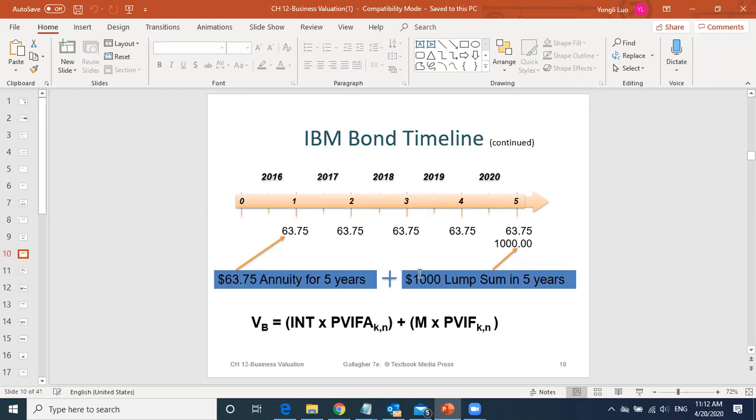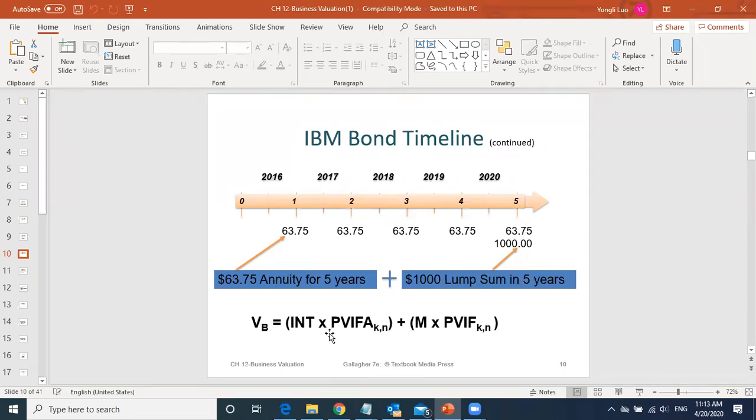Plus you receive 1,000 US dollars at maturity, year 5. That $1,000 is a lump sum, 1,000 in 5 years.